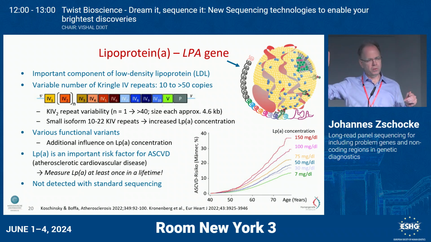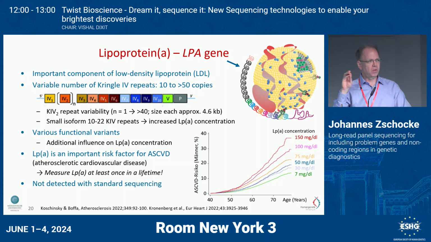The more copies, the better, because you have lower LPA concentrations. And high LPA concentrations is one of the number 1 killers in Europe. High lipoprotein A, everyone in the room who doesn't know the lipoprotein A concentration, please get it tested, because if it's high, you may have a high risk for heart attacks and cardiovascular disease.